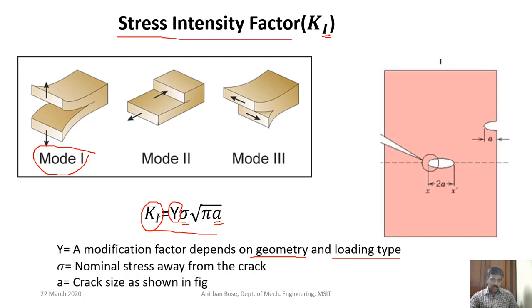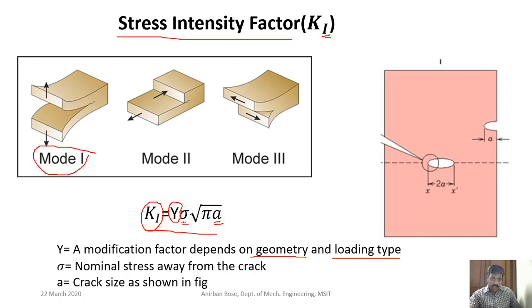So the criterion for fracture is that if the stress intensity factor is more than some critical value, then fracture will take place. This is a very important parameter that will help you to decide whether fracture will take place or not.